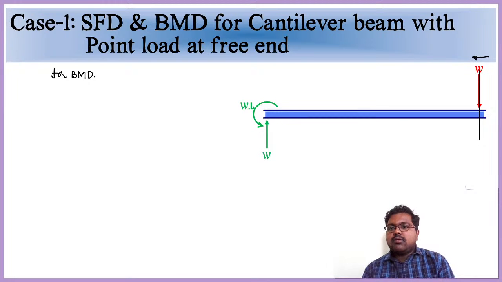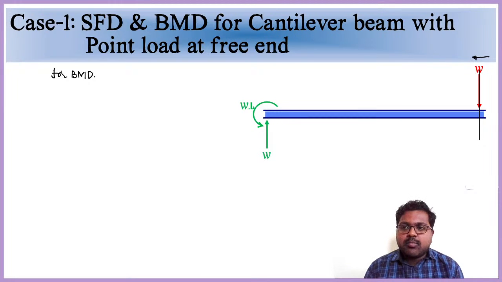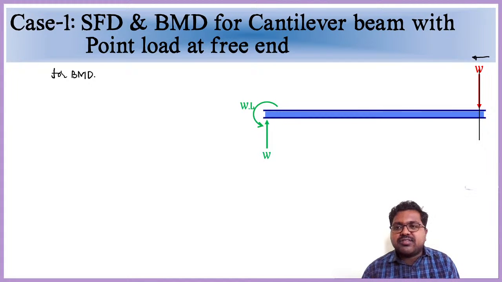So here we have to calculate bending moment values. Just remember one important point which we discussed in the very last point: at the free end of a simply supported beam, the fixed end or free end of a cantilever beam, and both ends of a simply supported beam, bending moment is 0. Just we will verify this one. Check it here. Here we are having this point B, right?